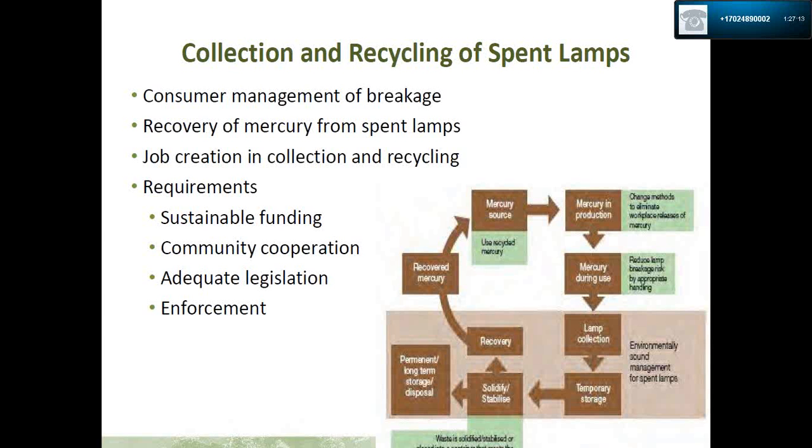But one of the more important things to plan in your community is how to create a sustainable funding mechanism for any system that you set up, how to get full community cooperation, how to back up the scheme with adequate legislation, and finally, if there are problems, how to have a kind of enforcement that's appropriate for the level of penalty that you need to ensure cooperation with the system. Next slide.